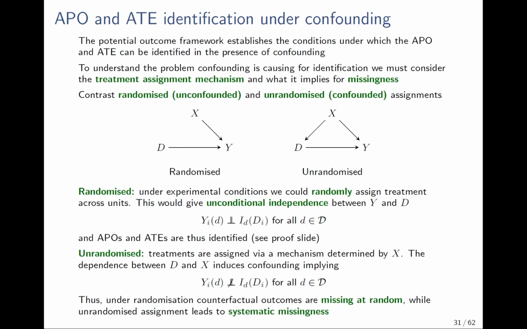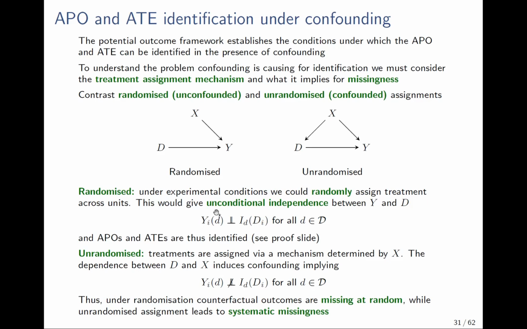So let's start with the left hand side randomized assignment. Under experimental conditions, if we randomized, we could randomly assign treatment across units. And if we did this, this would give unconditional independence between the potential outcomes that we would observe and the treatment assignment. And this is written in this form here.